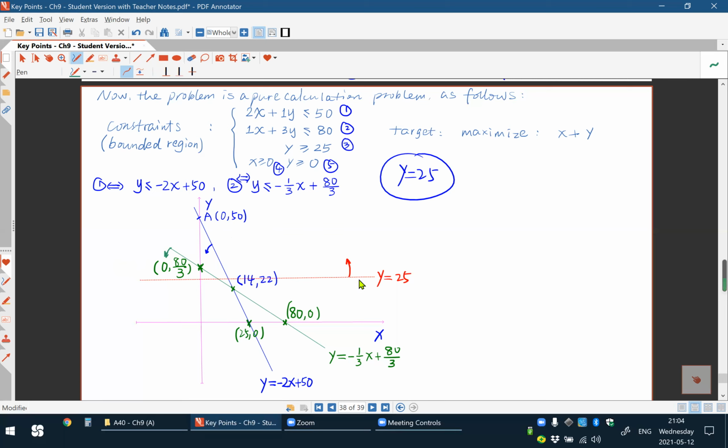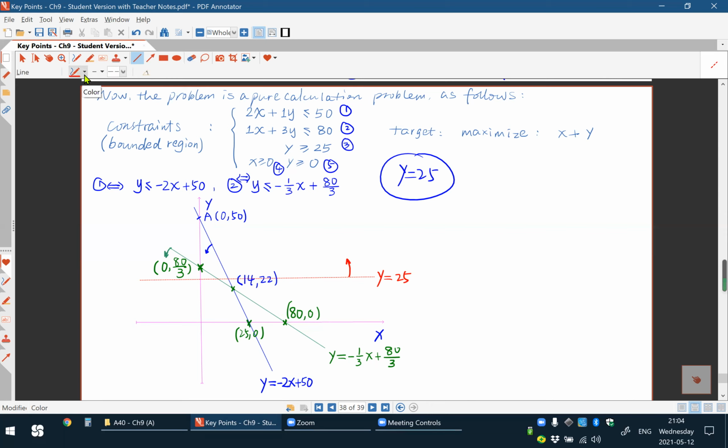And third region is above the red dotted line, right? And also, there are two other constraints, which is x is above 0 and y is above 0. So that means we only need to consider the region on the first quadrant, right?